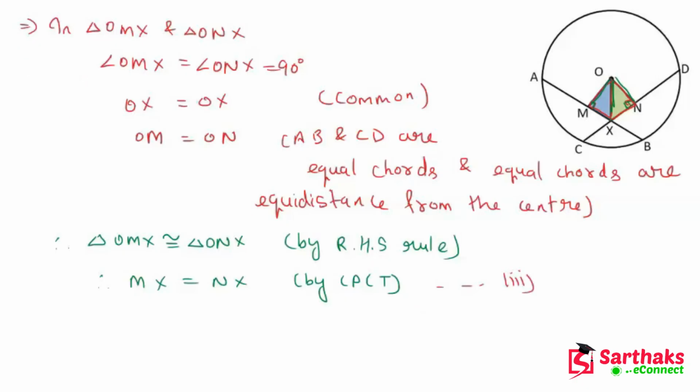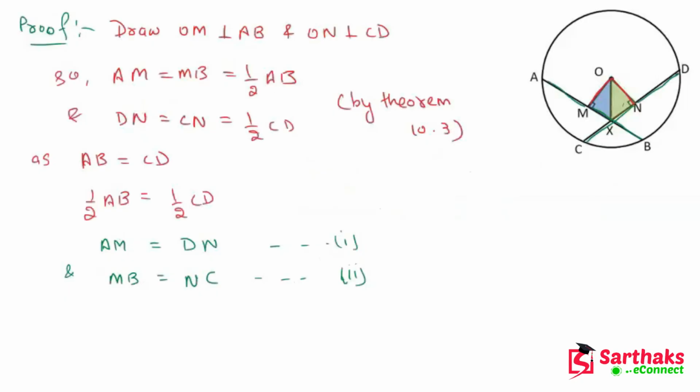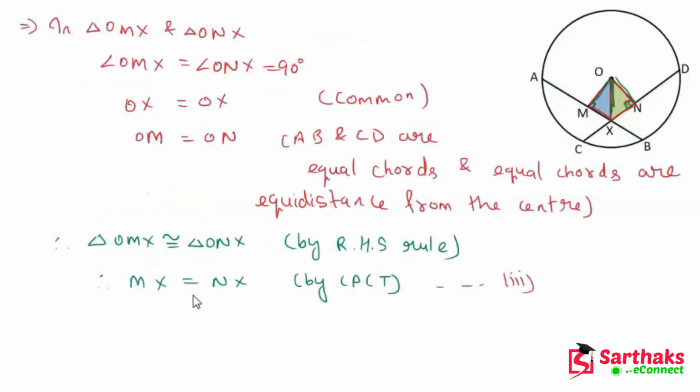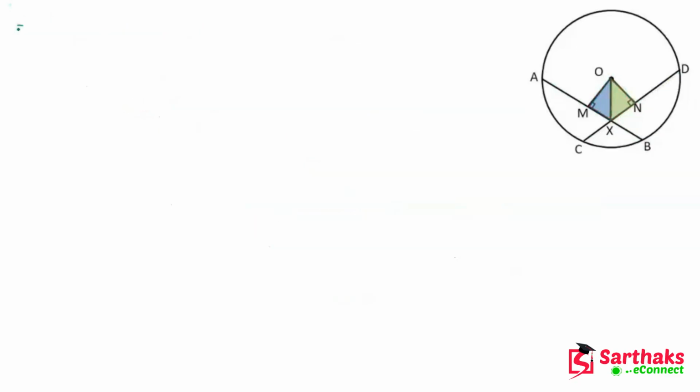Now if we add equations 1 and 3, that is AM equal to DN and MX equal to NX, we get AM plus MX is equal to DN plus NX.